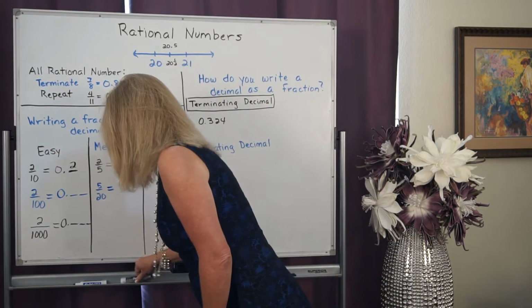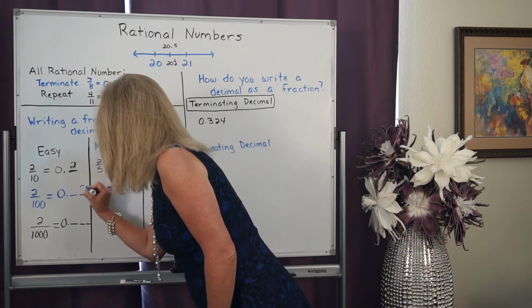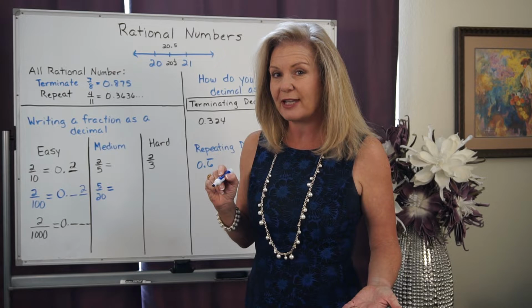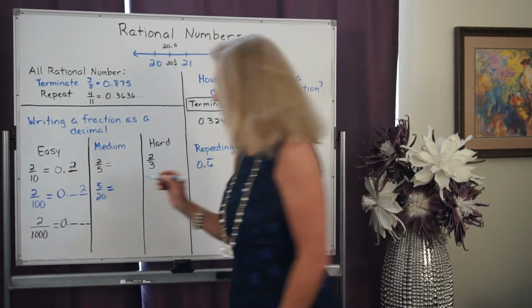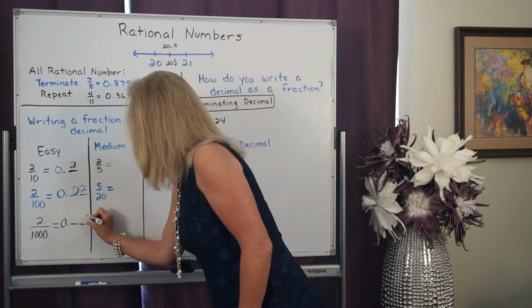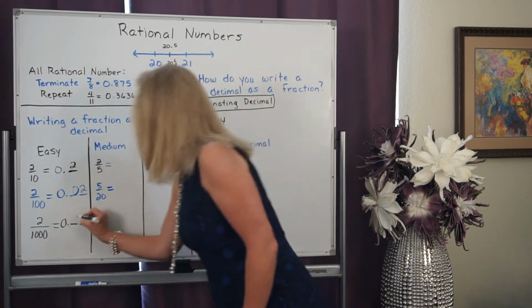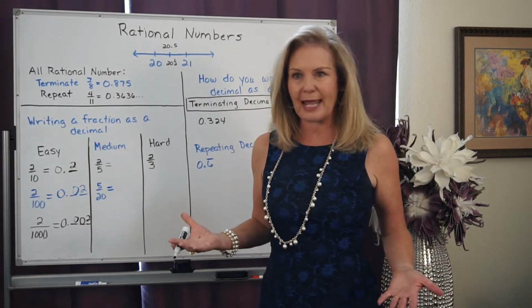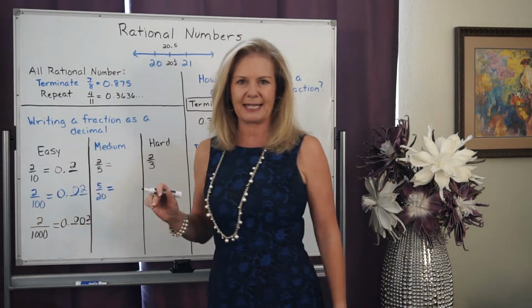So I'm going to place that 2, let's use blue, there, but I still have a dash I have to fill in, and we always just put a 0 there. And the same thing is going to apply if it's the thousandths. So I'm going to put my 2 at the very end, and I'm just going to place 2 zeros before it. That's the easiest way we can take any fraction and make it a decimal.